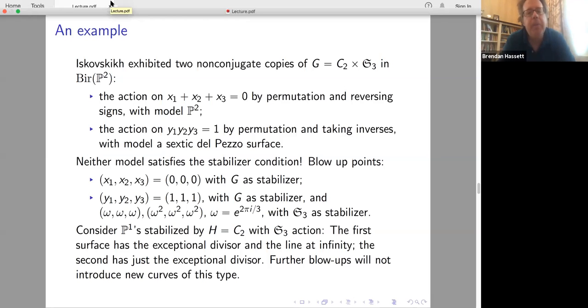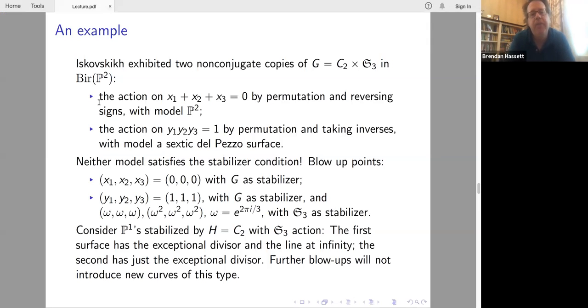The models P2 and the sextic del Pezzo surface are, from our perspective, not good models, because you have specific points like the origin that has a large non-abelian stabilizer. And then you have the point 1, 1, 1, or the diagonal cube roots of unity, that have non-abelian stabilizers, and we don't allow those, so we blow those up.